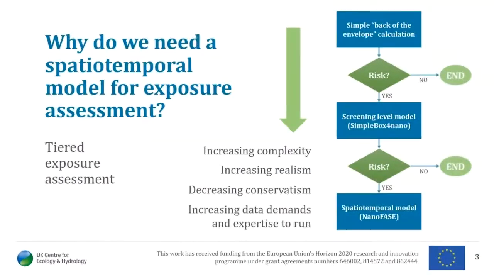And so as you get towards the higher tiers, like something like the Nanophase model, you have a more realistic picture of what's going on in the environment and what the real environmental risk from your nanomaterial is. But you don't want to start with these really high tier models because they're complex and they're difficult to run and they require a lot of data.